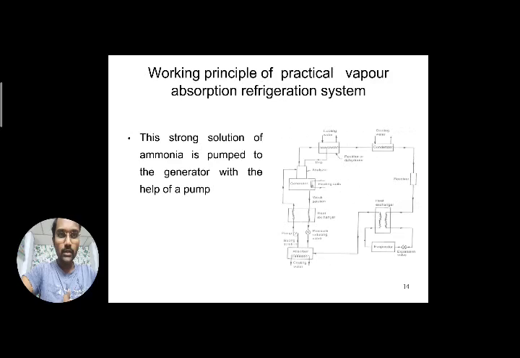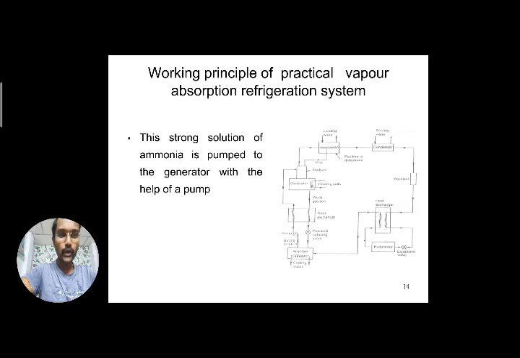Right. So for this strong solution, again the question arises: already in this heat exchanger we are heating at this side. That little amount of heat is added to the refrigerant and it is entering into the absorber. What happens here, the problem is, the more the temperature is there, the more the pressure inbuilt in the solution is.